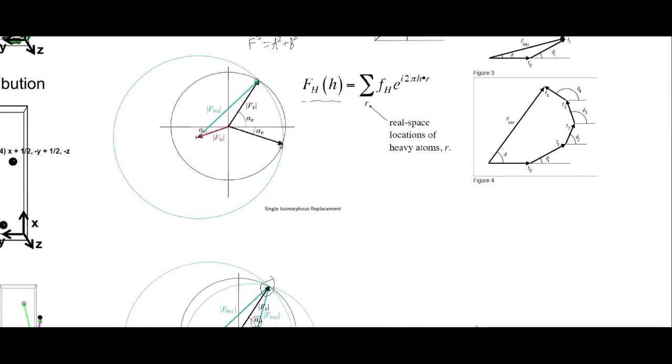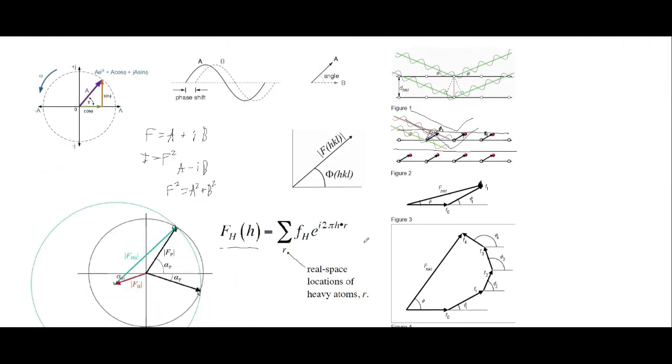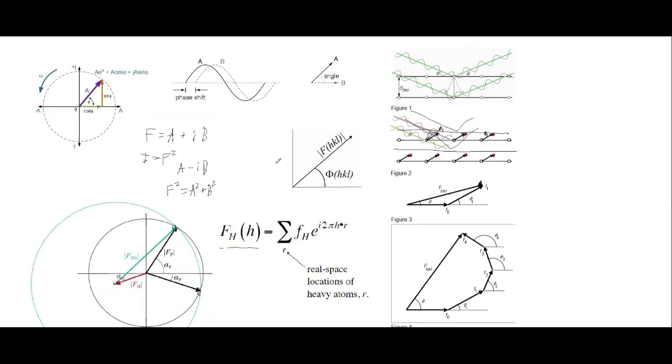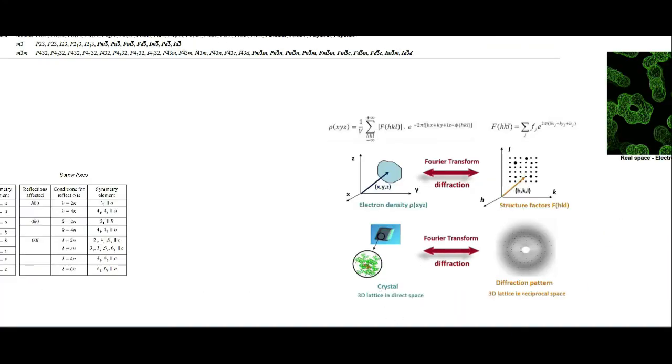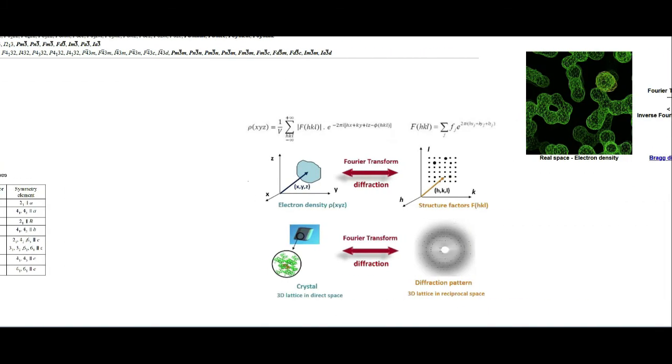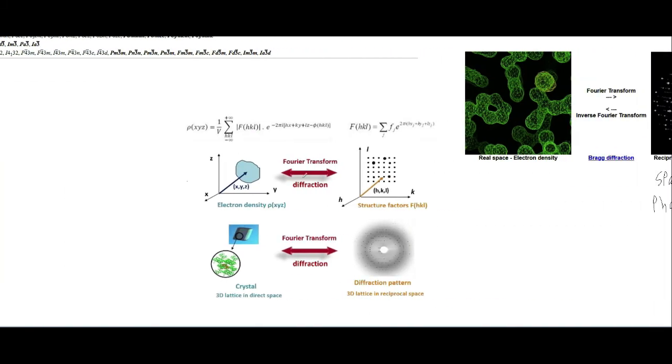That's a whole other topic itself. And so we can use this phase data plus our space groups to determine the position of atoms in our crystal.